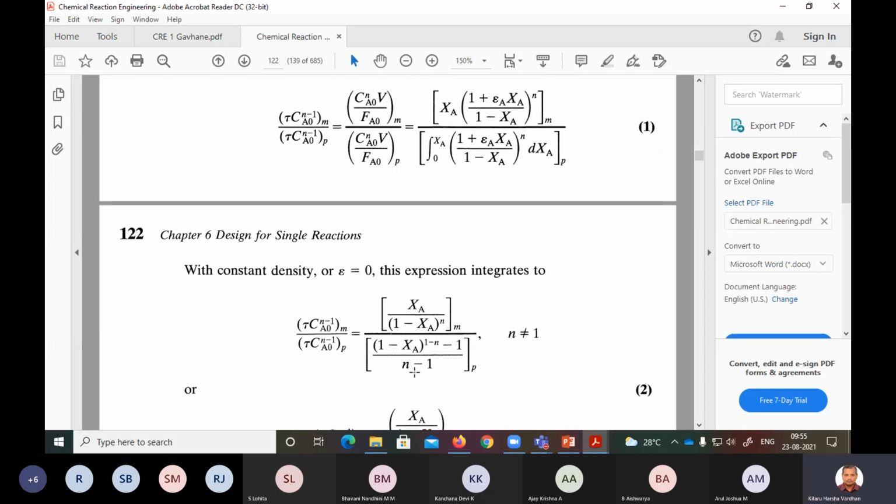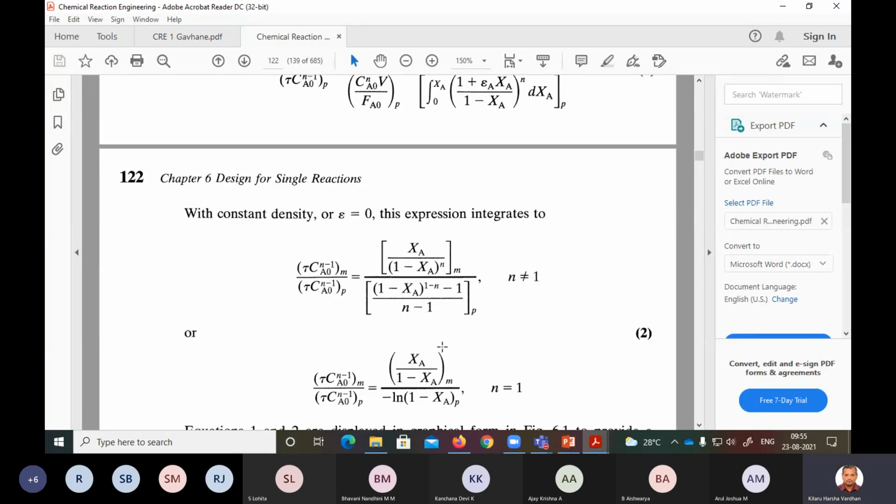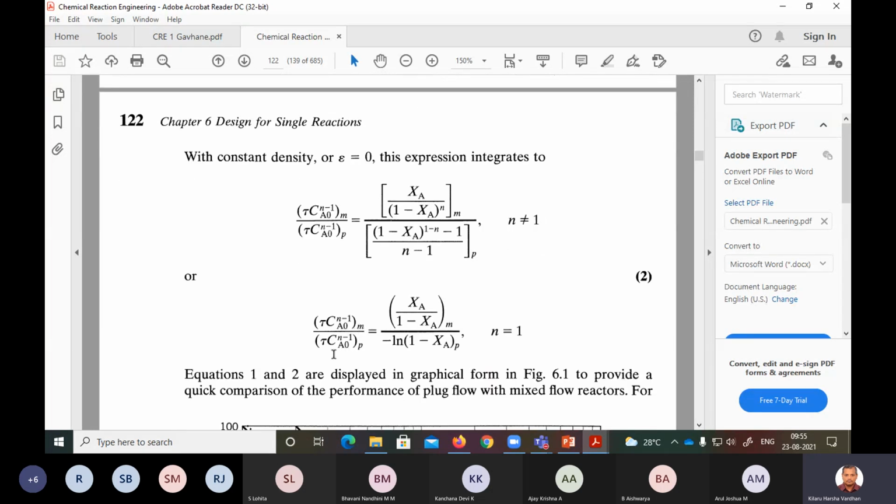So if you still refine it, this tau CA naught n minus 1 for M divided by tau CA naught n minus 1 for P is nothing but XA by 1 minus XA, for n not equal to 1. Any order other than n equal to 1 here. If n is equal to 1, then what will happen?